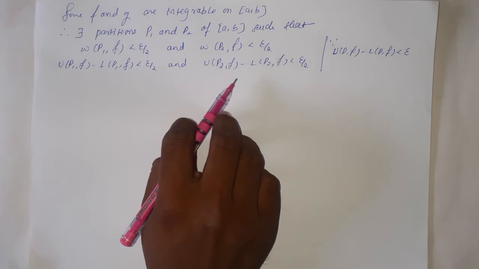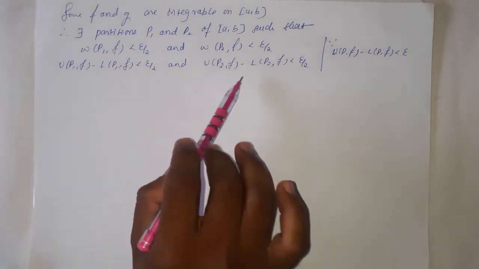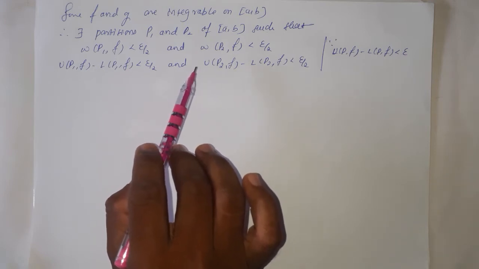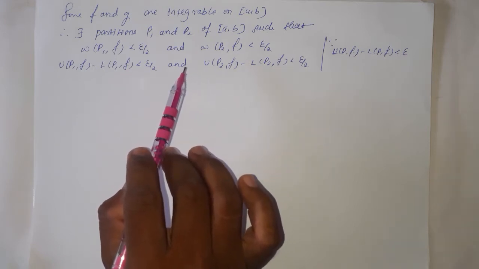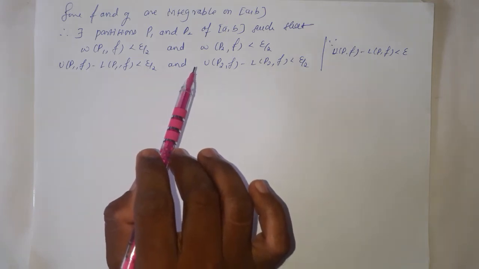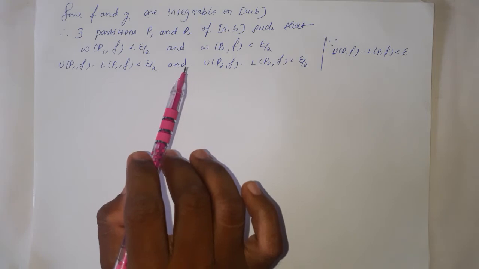Therefore, these two are the conditions for the integrability of the two functions, that is W p1 f and W p2 f. They are two partitions of the closed interval a b.